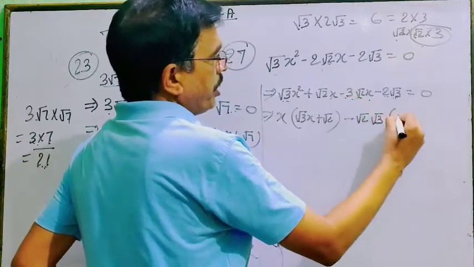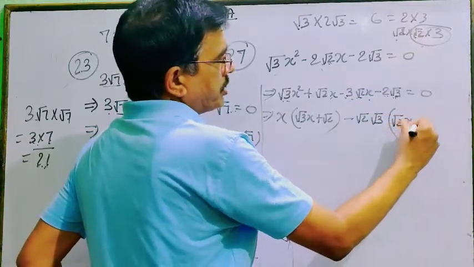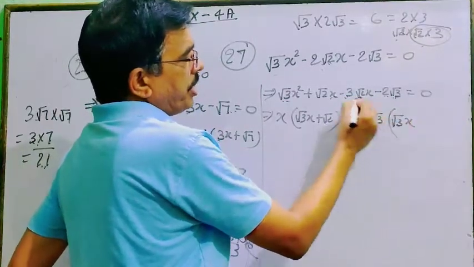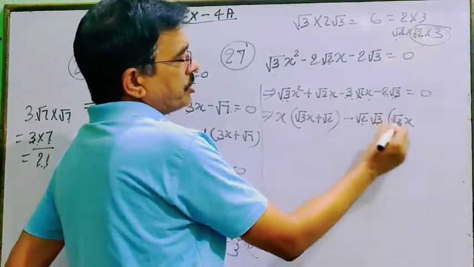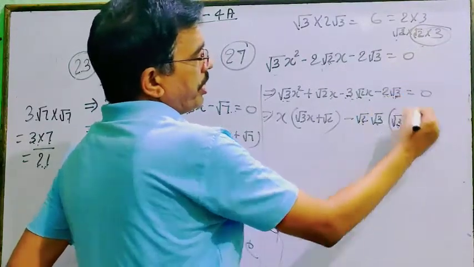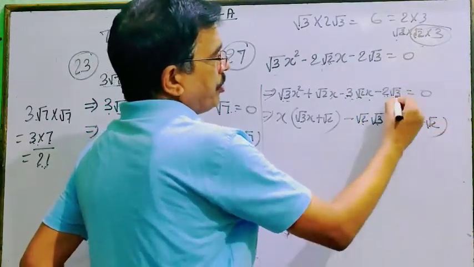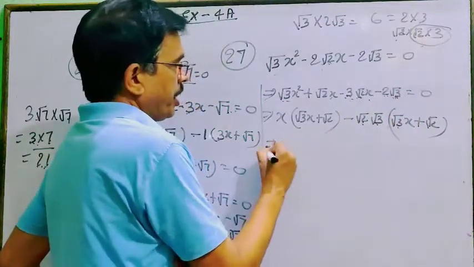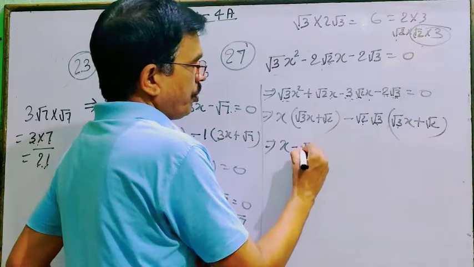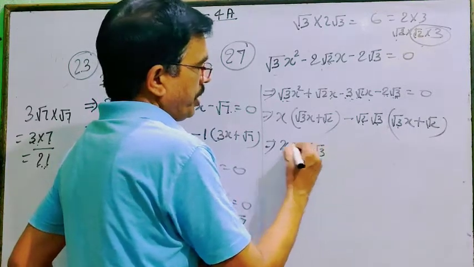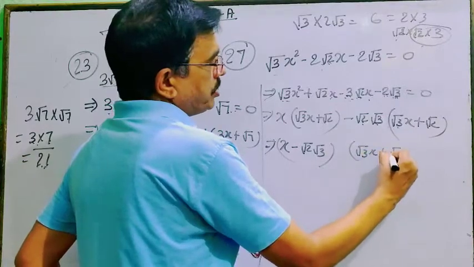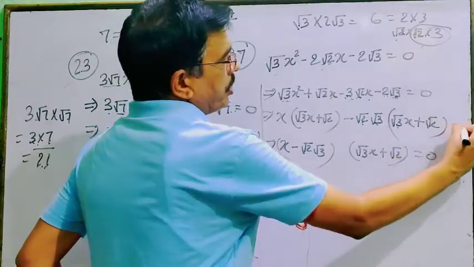Then what remains here? It is root 3x. Because root 2 is the common and 3 is present here and root 3 is common, so it is root 3x, and plus here root 2 common, then here root 2 remains and root 3 is the common. Then here is x minus root 2 into root 3, and there is root 3x plus root 2 equal to 0.